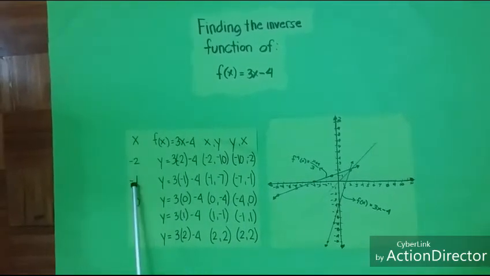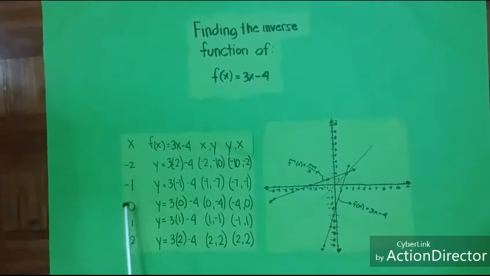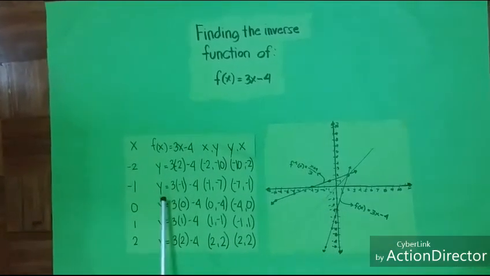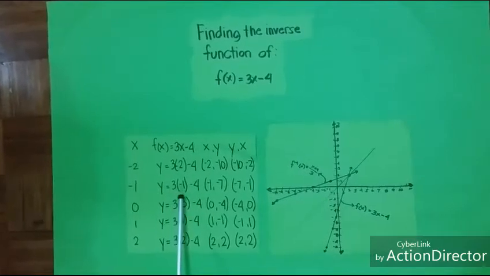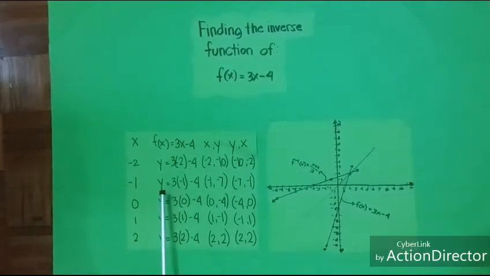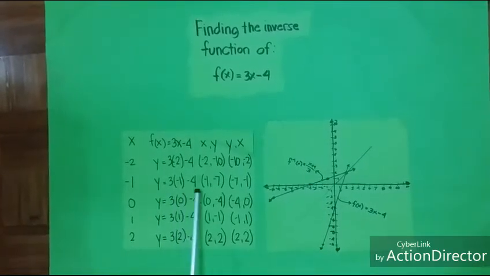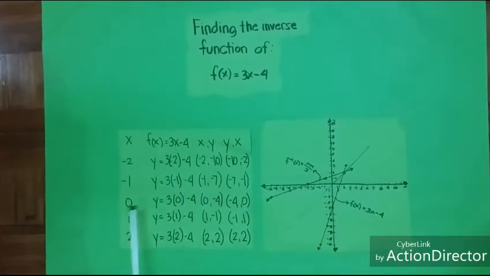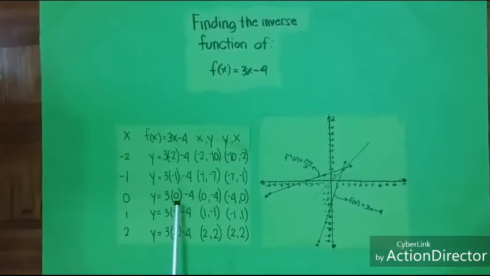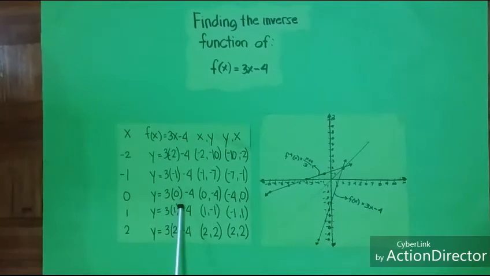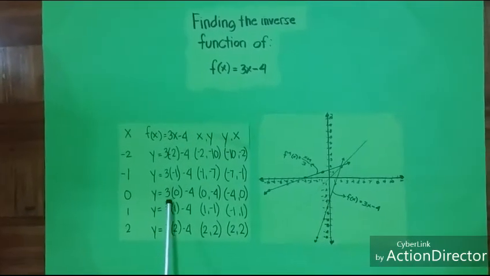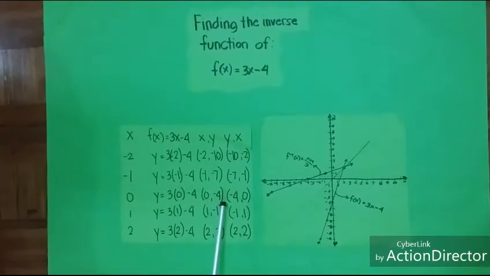So the same procedure follows with negative 1, 0, 1, and 2. For example, y is equal to 3 times negative 1 minus 4. So 3 times negative 1 is equal to negative 3, minus 4 is equal to negative 7. For the zero value of x, y is equal to 3 times 0 minus 4. So 3 times 0, of course, is equal to 0, minus 4 is equal to negative 4.